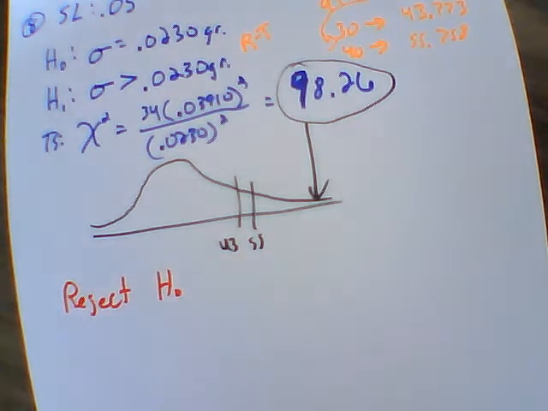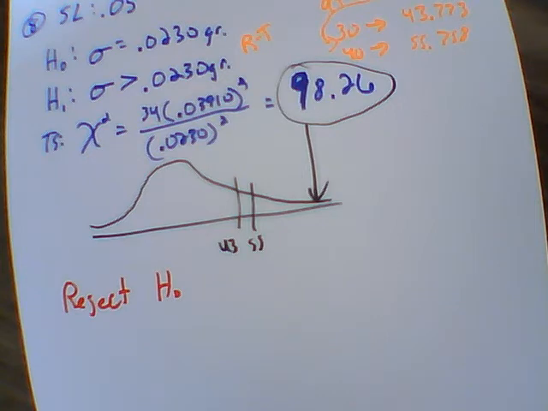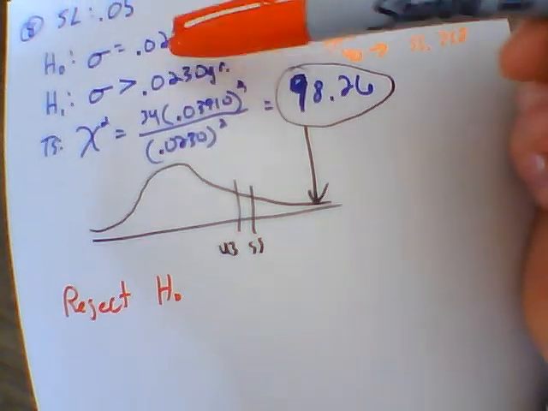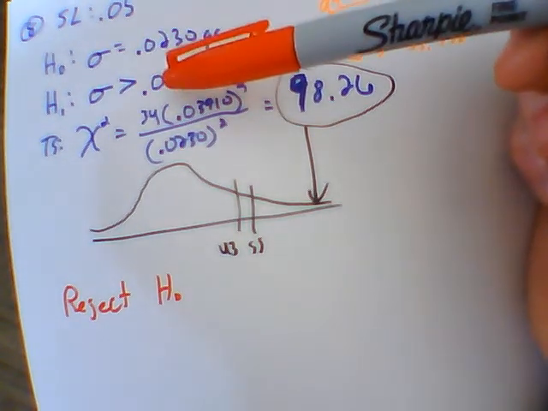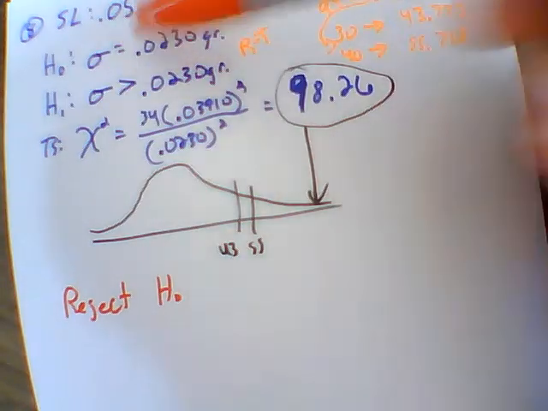So we state: reject the null hypothesis. Now that we rejected the null hypothesis, we look back to the claim, and the claim is stating that pre-1983 pennies have weights with a standard deviation greater than this. Because we rejected where it's equal to, and this is our claim, we can support our claim, because we rejected the equality.